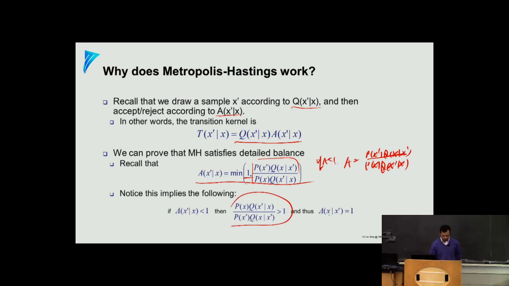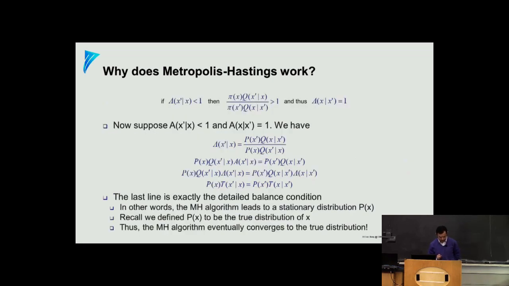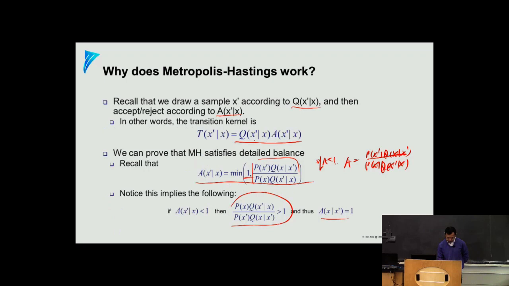And if this is greater than 1, then A has to be equal to 1. You are going to use this trick to do some additional calculation to show that this transition kernel also allows you to prove stationarity.